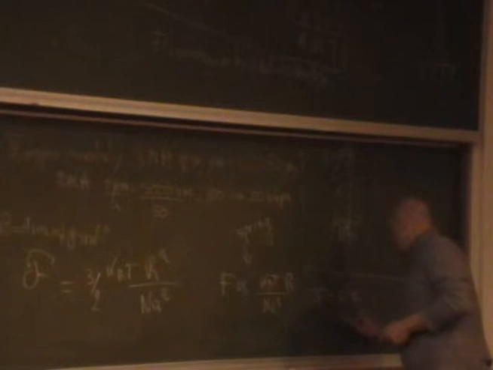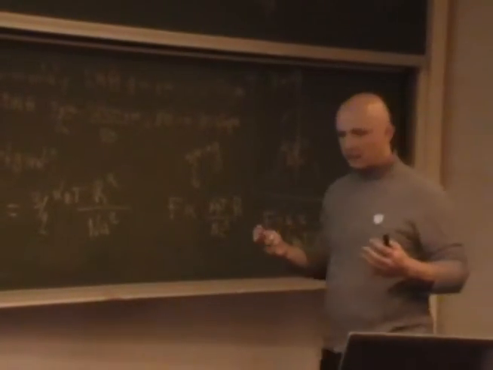The key point here, so I remind you, F is equal to the stiffness times the distance. The stiffness is proportional to the temperature, kBT divided by Na squared. So it means that your polymer behaves like a spring whose stiffness depends on the temperature.